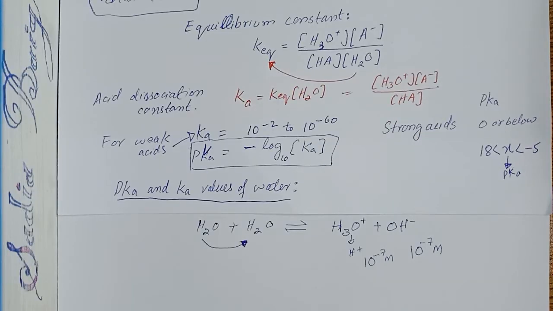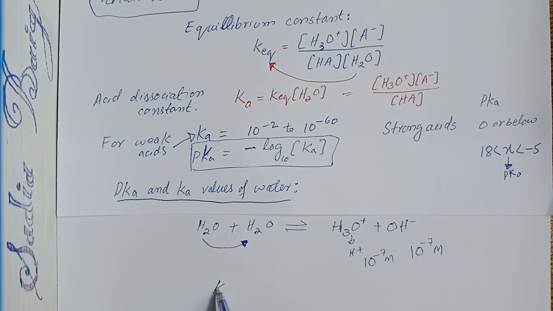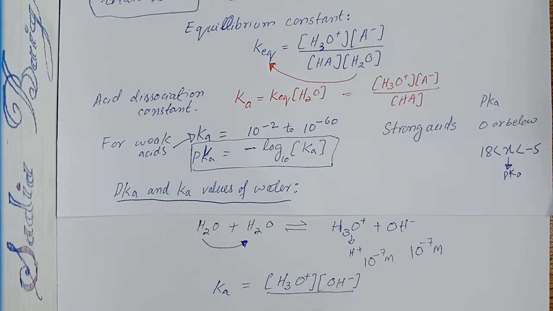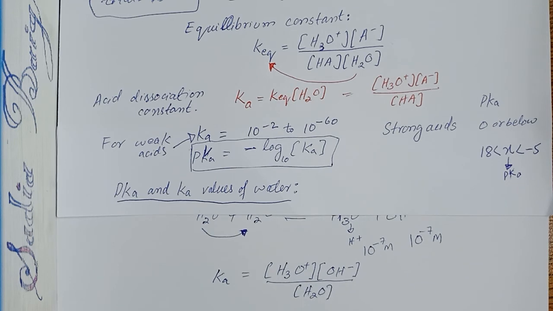And according to our previous discussion, the Ka of water is calculated from the concentration of the hydronium ion and concentration of hydroxyl ion over concentration of water.